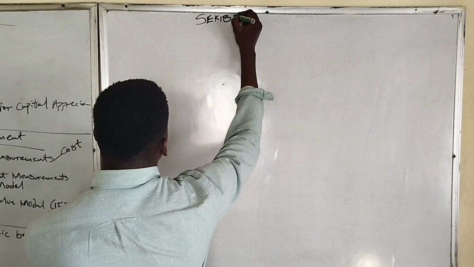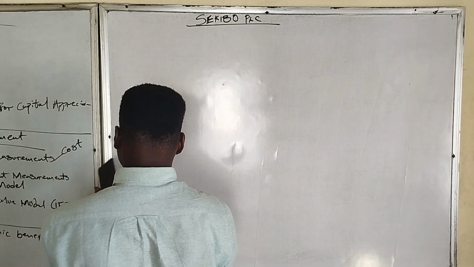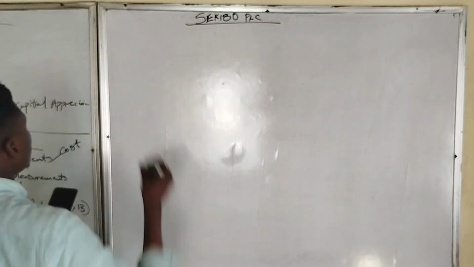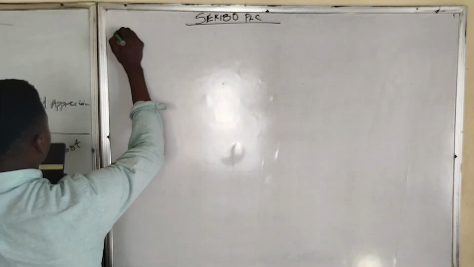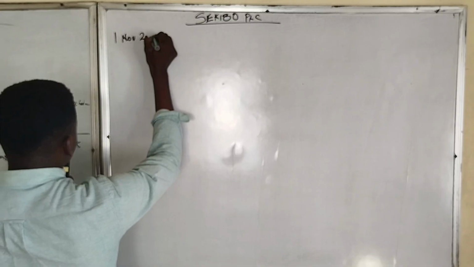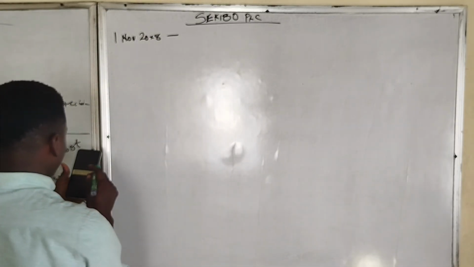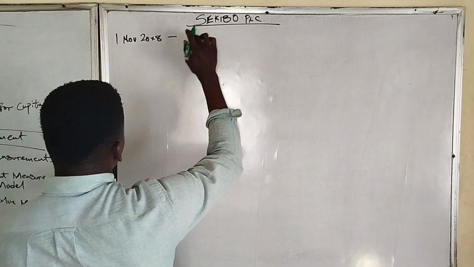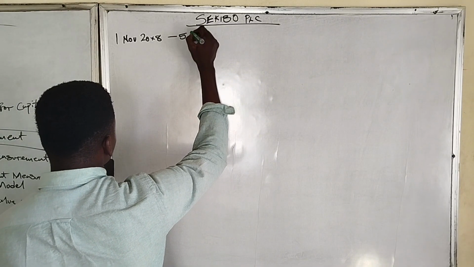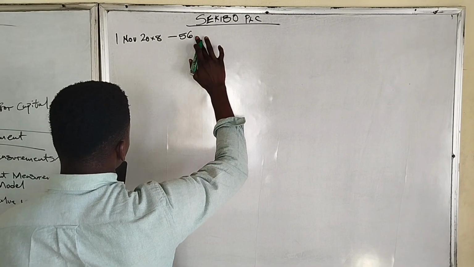So just to demonstrate all we've been talking about, Sekibo PLC. We're told that this company uses fair value model. So on 1st of November 20x8, this company has an investment property of 56 million dinars.